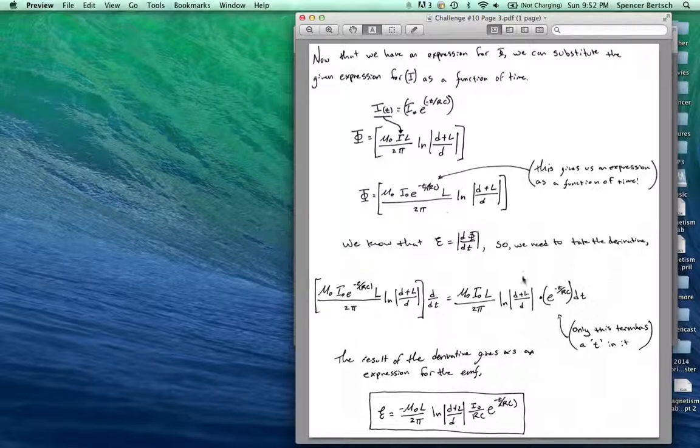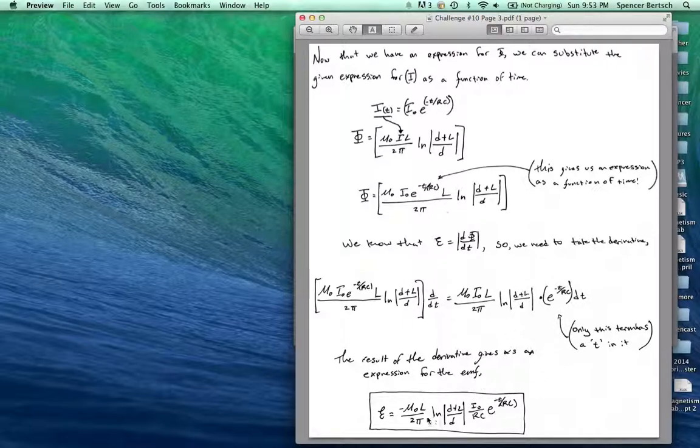Taking the derivative is easy, because the derivative of e to the thing is e to the thing times thing prime. So this expression is very similarly written, except with the derivative taken of this portion with t, since it's the only term that involves time.